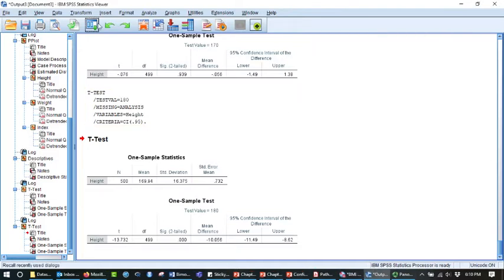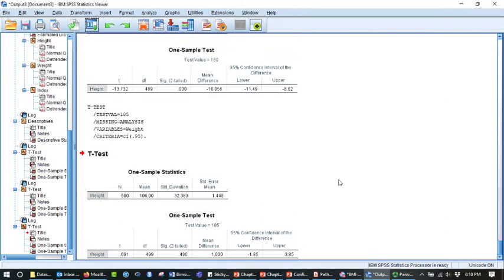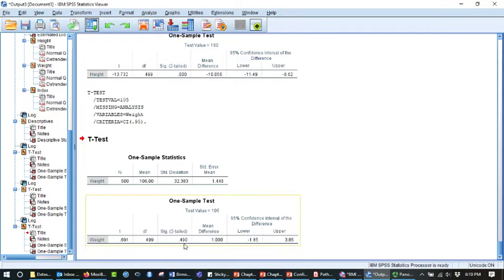All right, let's do the other one. We're going to do weight. And remember, our weight was 106, so we'll do it against 105. And this one's not going to be significant, right? We look at our p-value, it's 0.49. That is not less than 0.05. Our t-value, all that's the same. It crosses 0, so negative and positive, the 0 is in the middle here, so we know it's not different than 0.